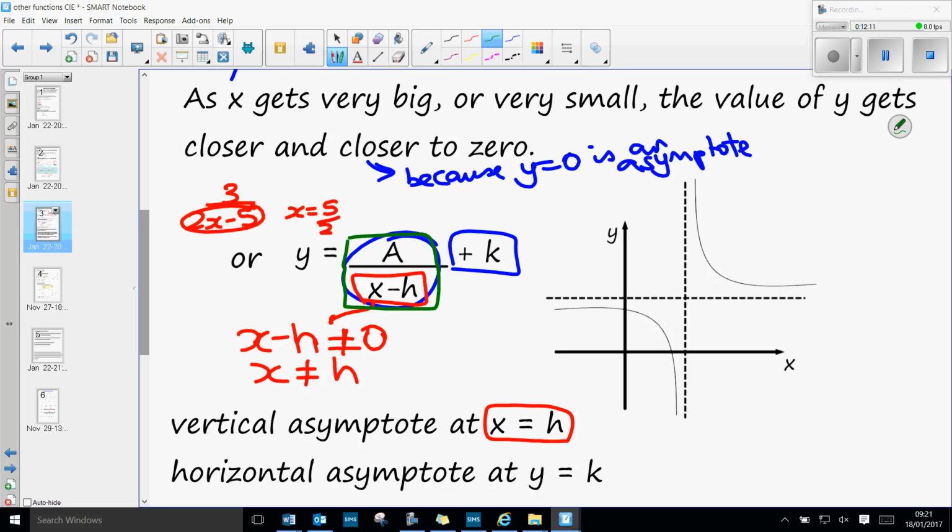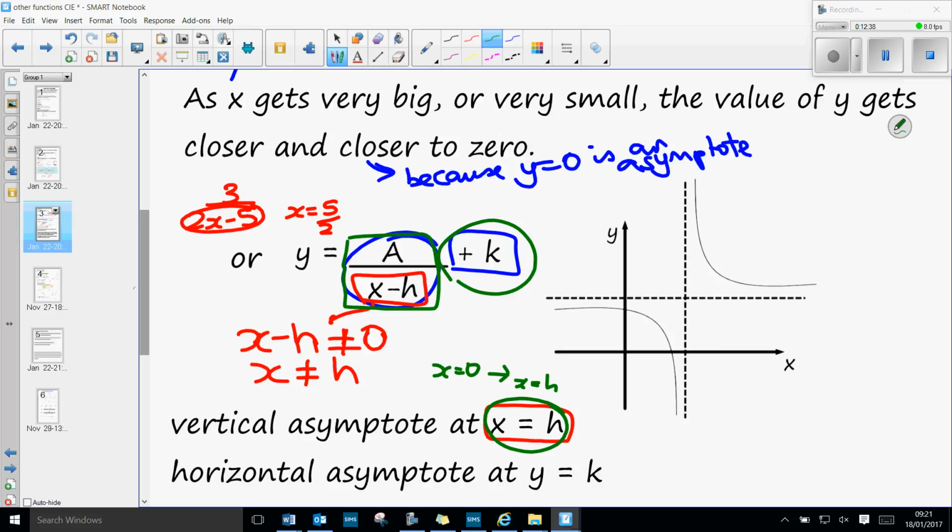So we know it's a shift to the right, which also works well with this because our asymptote was originally at x equals 0, now it's gone to x equals h. Well, what does the plus k do to a function? It shifts the graph up or down, yes. And so where our asymptote was at 0, it's now going to have shifted up to k.